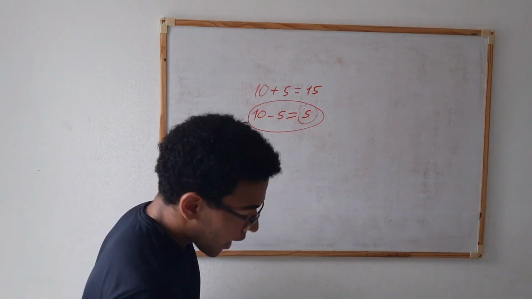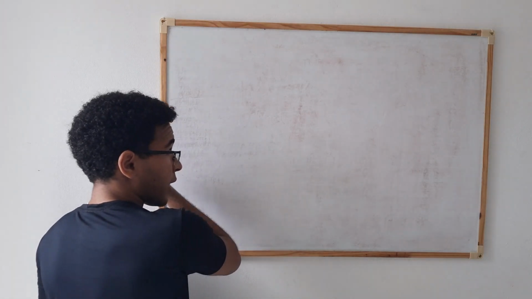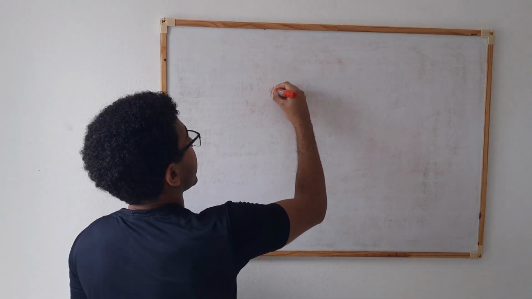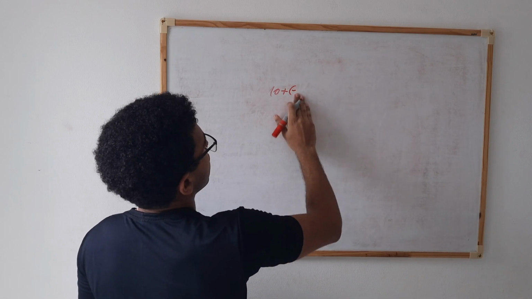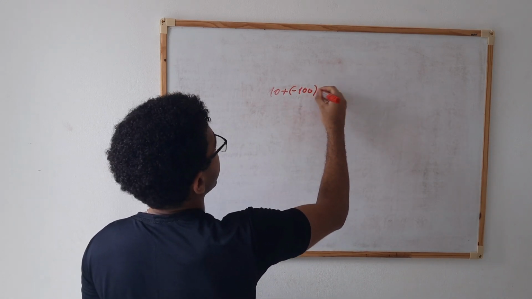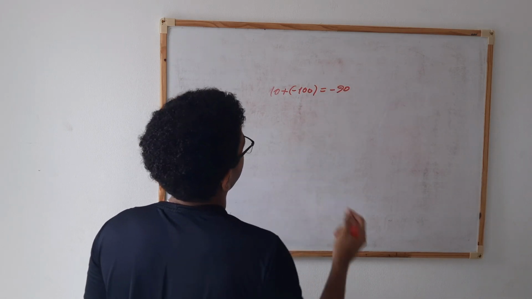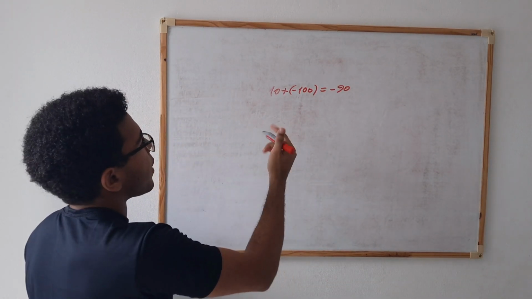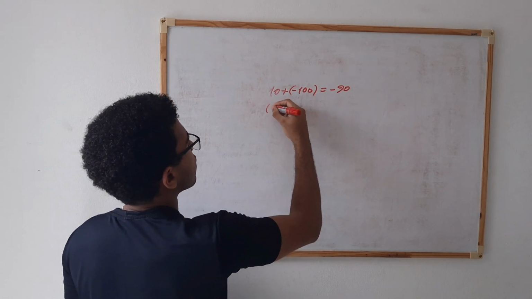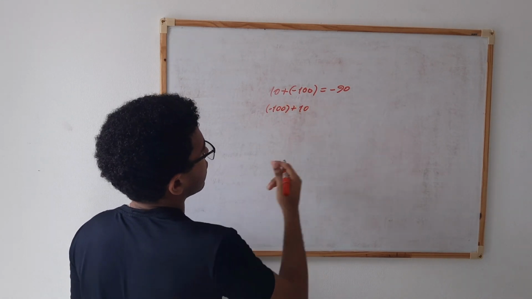And of course we can have operations such as, let's say, 10 plus minus 100, right? Which would be minus 90. For a better understanding, this could also be minus 100 plus 10, right?